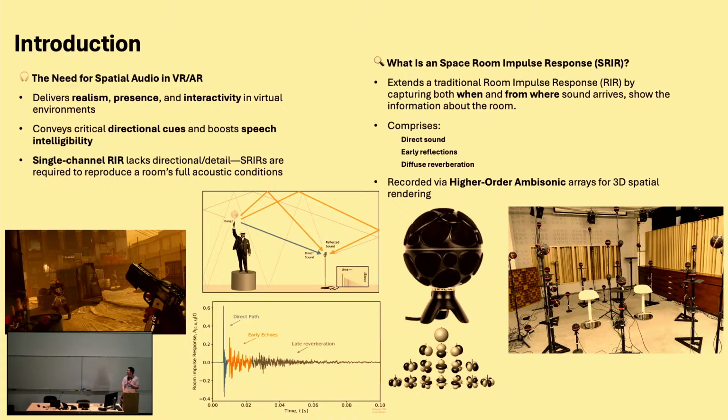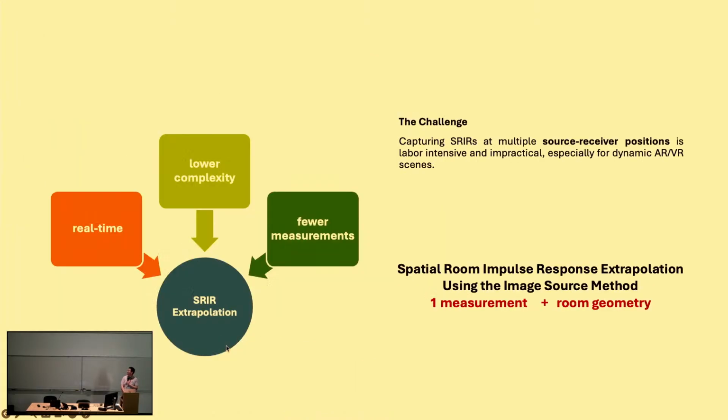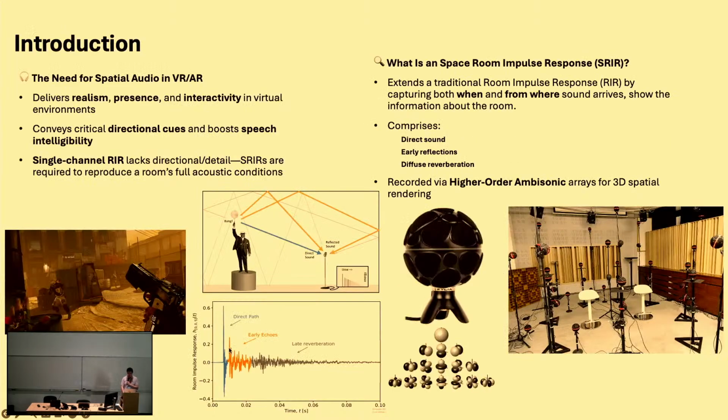If we put a microphone at the listener position, we will get a recording like this. We give an impulse to the room, like a clap or a balloon burst. We see the first peak for the direct sound, then the early reflections and the reverb part.